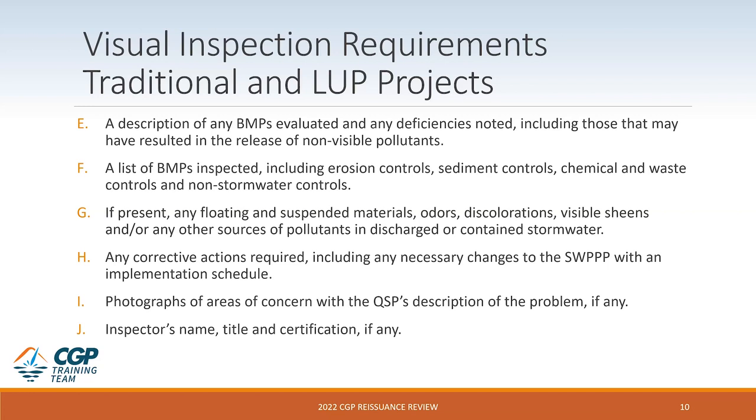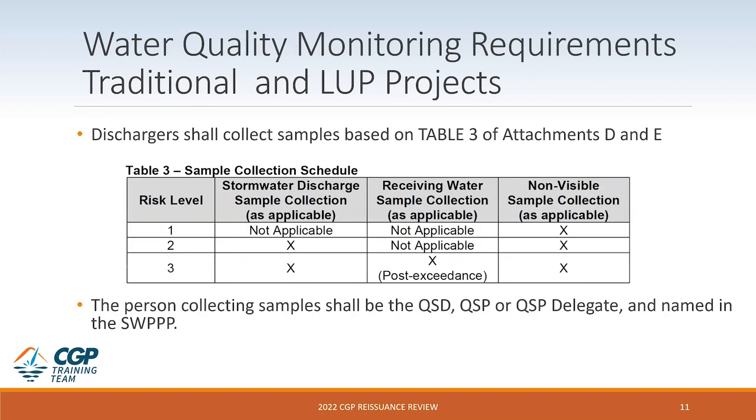If present, any floating or suspended materials, odors, discolorations, visible sheens, or any other sources of pollutants need to be identified. Any corrective actions required, including any amendments to the SWPPP, photographs of the areas of concern of any of the deficiencies, and the inspector's name, title, and certification.